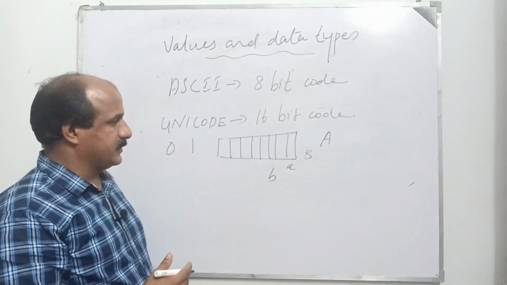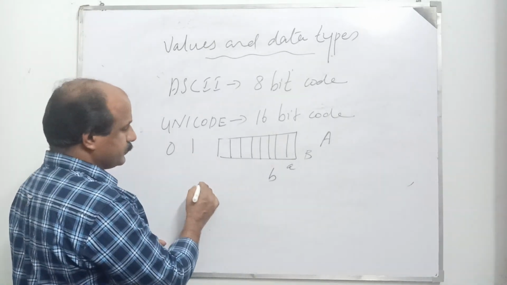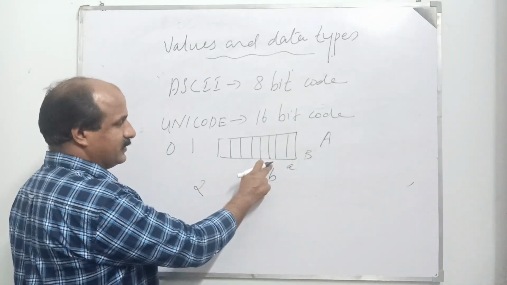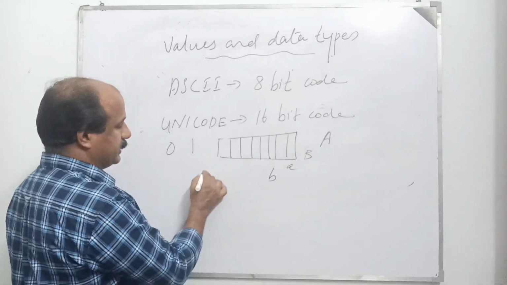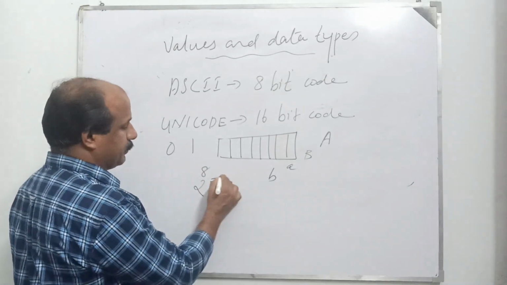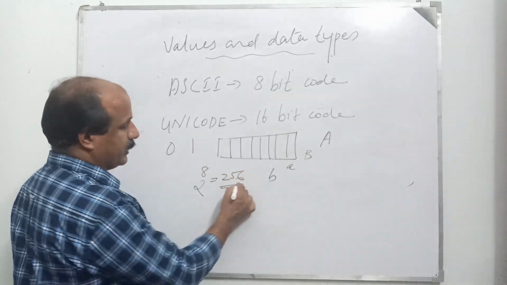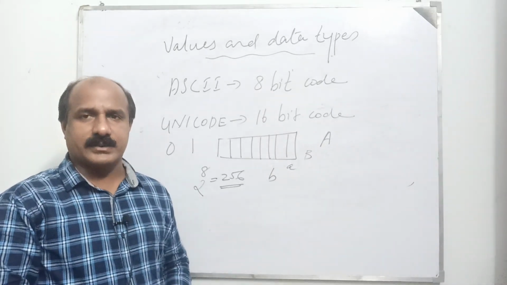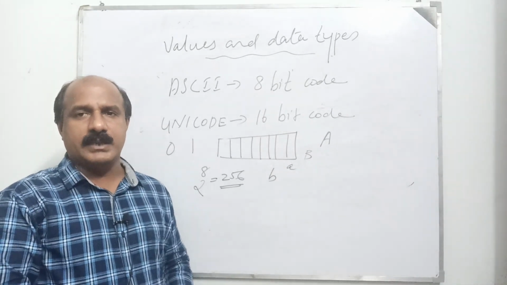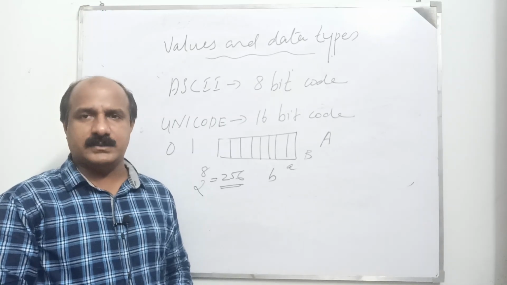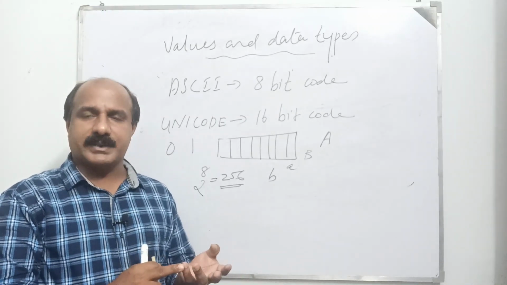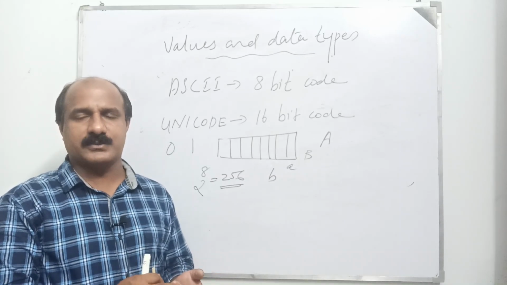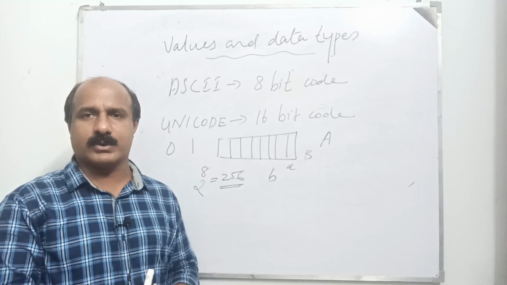What is the problem in this system? We have 2 digits, and the memory allocated is 8 bits. So 2 to the power 8 means only 256 characters can be represented in this system. No other characters can be represented. See, 256 means you can have capital letters A to Z, small letters a to z, numbers 0 to 9, and various other symbols found on the keyboard.